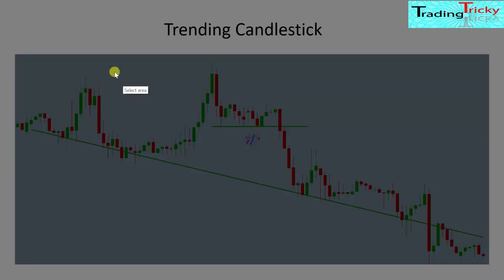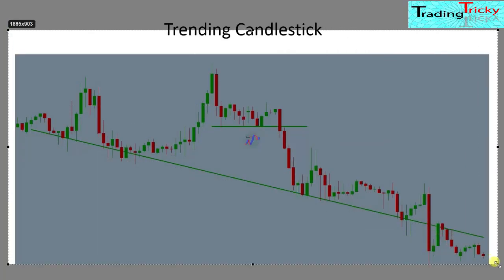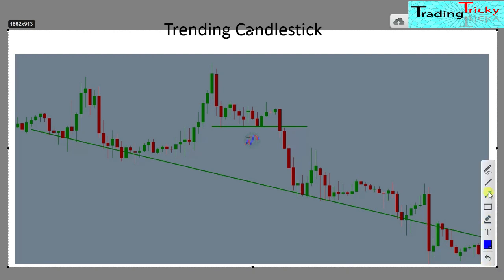You can see in this chart, this is a trending candlestick chart. This is a downtrend. You can see a strong bearish candle, small wicks, strong bearish candle, small wicks again. So these are trending candlesticks.